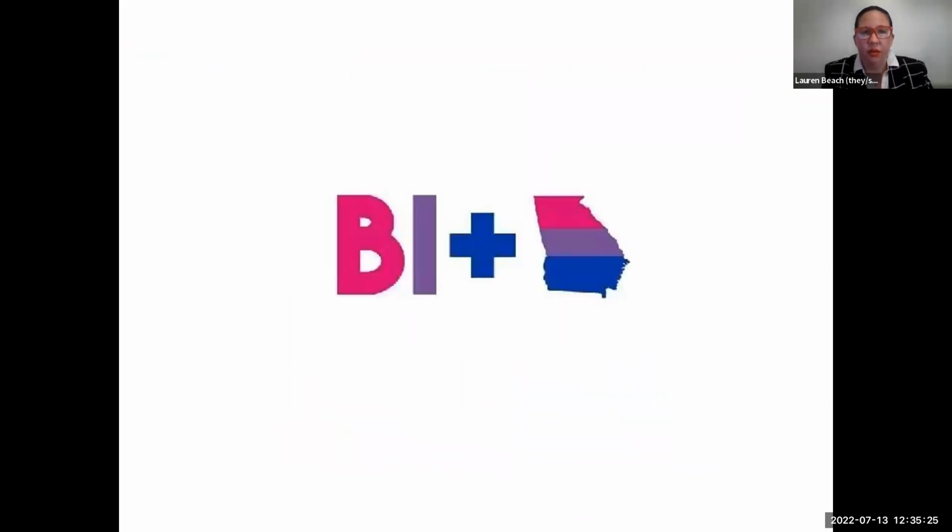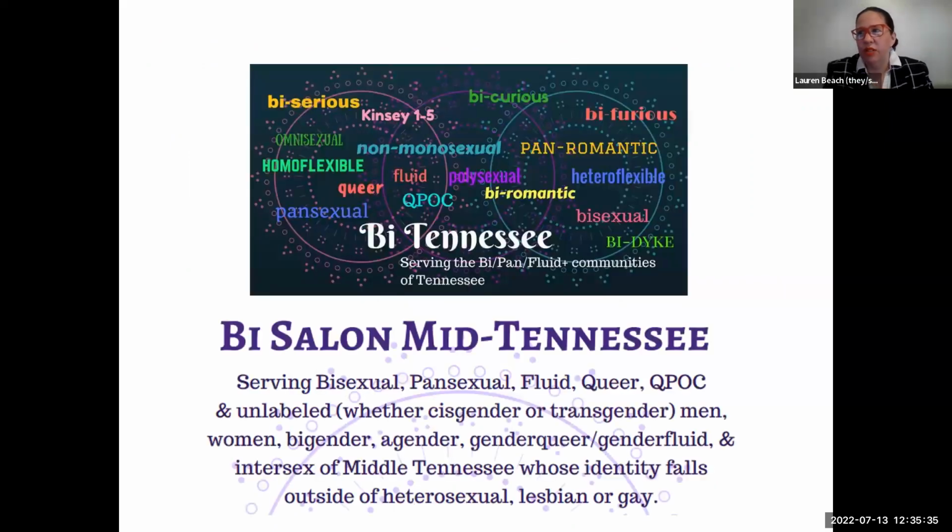Bi+ Georgia, which is based in Atlanta, received its 501(c)(3) status, I think within the last 3 years. And then there is a group called Bi+ Tennessee, based in Nashville. It's one I helped to found. It's not a 501(c)(3) organization, but it is incorporated as a nonprofit in the state of Tennessee, making it the first Bi+ incorporated nonprofit in that state.